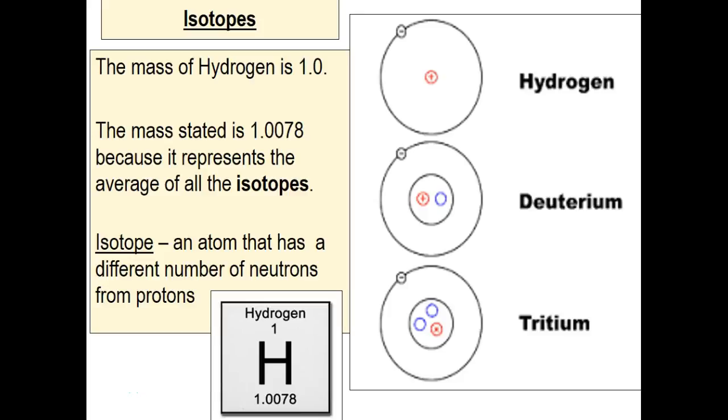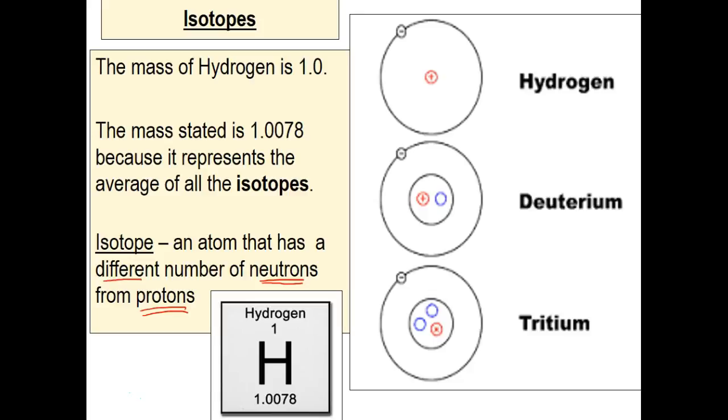An isotope is an atom that has a different number of neutrons from other atoms of the same element. So remember that the number of protons is the atomic number of an atom. If that changes, then the identity of the atom changes. But if the number of neutrons changes, then that is considered to be an isotope of the atom.